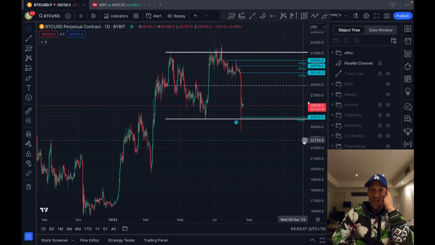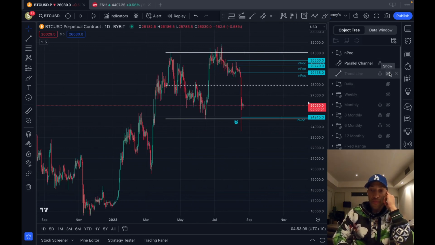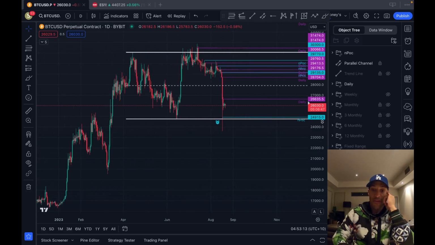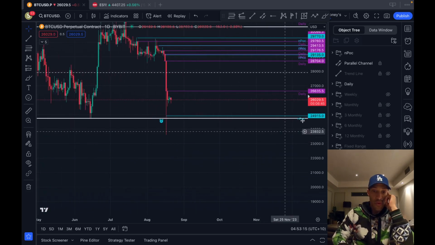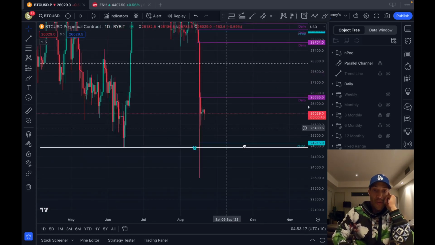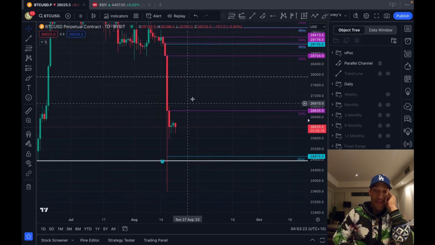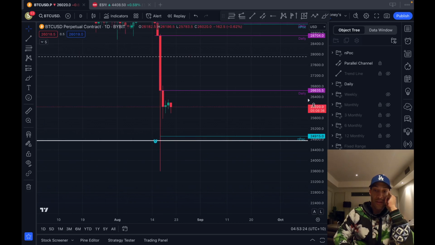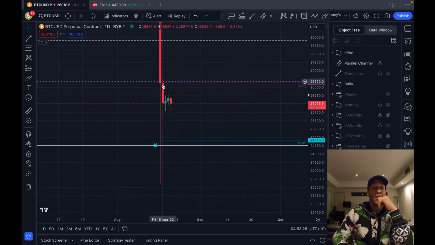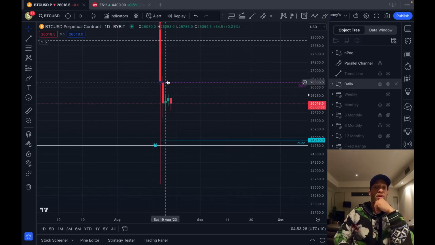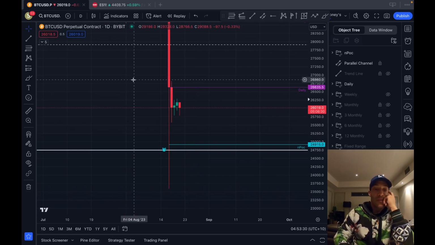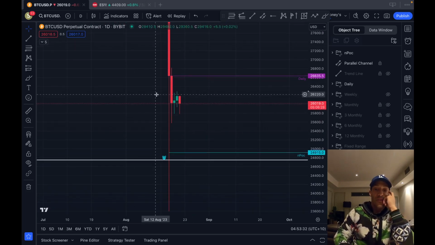So let's leave that there for now. Daily levels, we've got these daily levels. Basically, for those of you that don't know, we call these naked levels, right? And what they consist of are openings and closings on the daily time frame. I just want to give you an example.